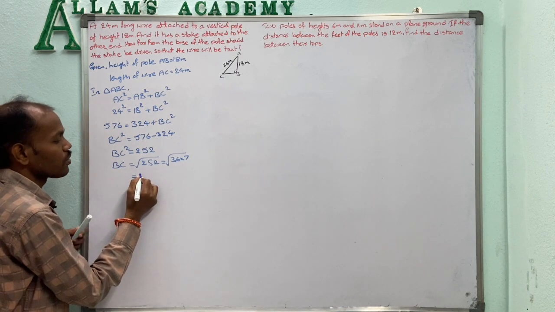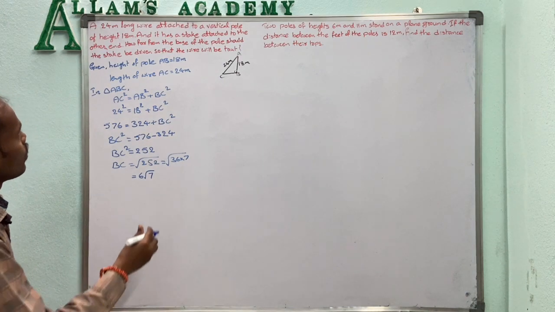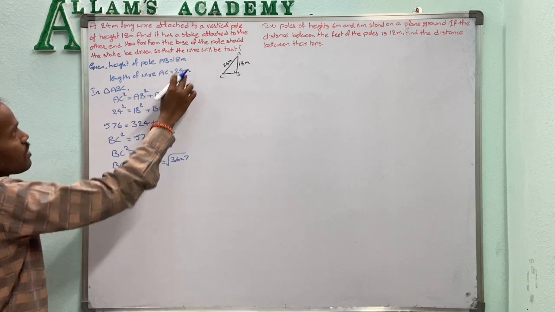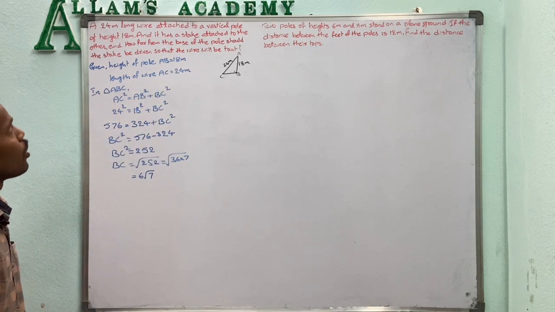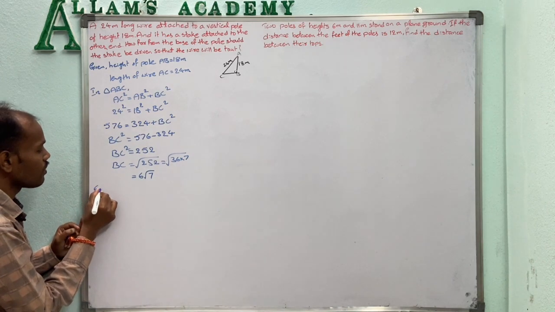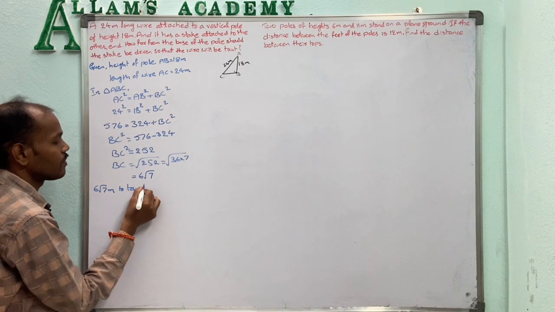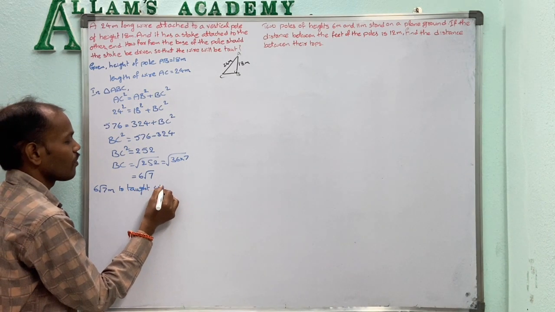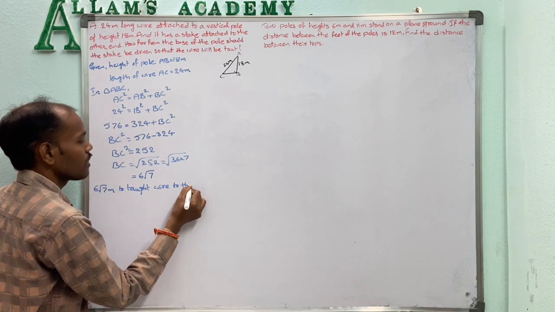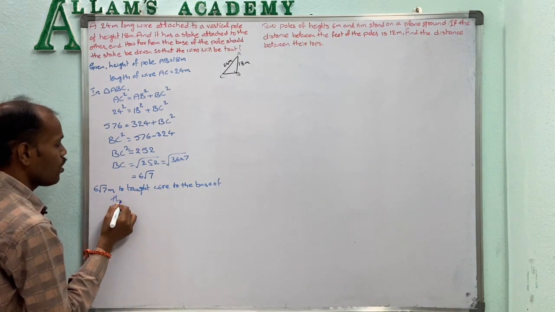Root 36 is nothing but 6. So 6 root 7. So the stake should be driven 6 root 7 meters from the base of the pole to make the wire taut.